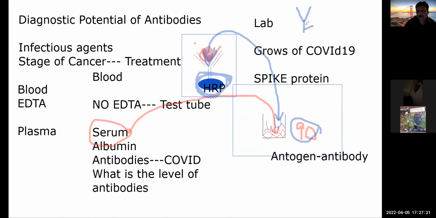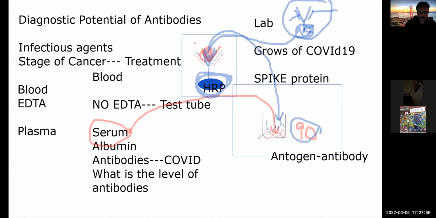This is the Fc portion, this is the variable region, and this is the small light chain. So this is my antibody. Now this secondary antibody will only bind to this Fc portion here.